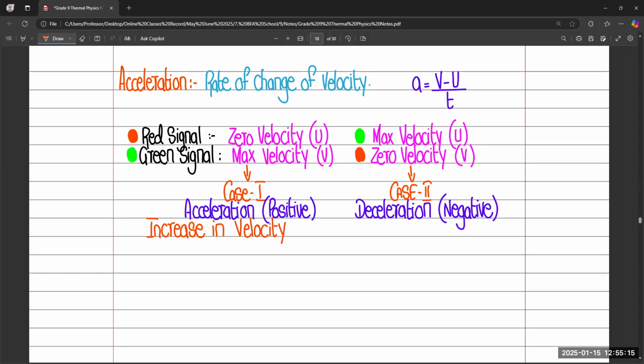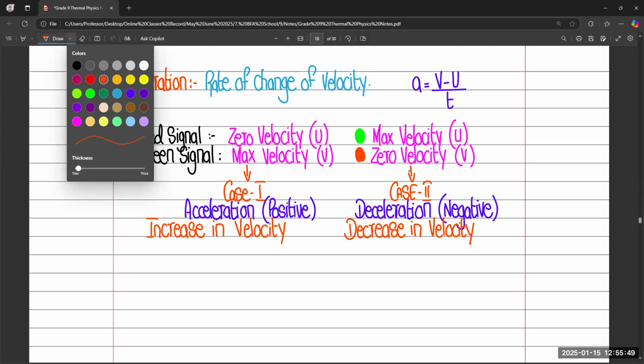And deceleration means decrease in velocity. For example, if we consider the same values, like zero velocity and maximum velocity in both cases, so if we directly apply the formula on it, you will get the exact idea.